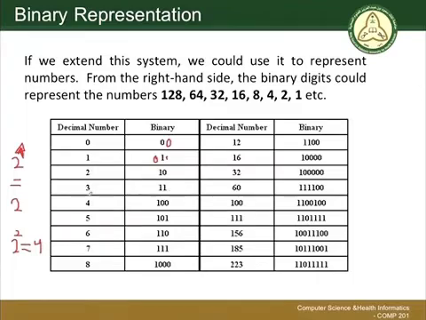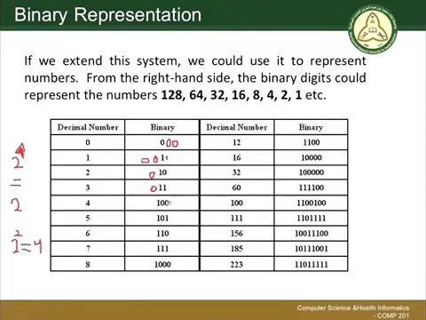If I come to number 4, because 2 bits is not enough, I would need to increase the number of bits to 3. So with 3 bits, I can represent the 0 in this way, the 1 in this way, the 2 in this way, the 3 in this way, and so on.